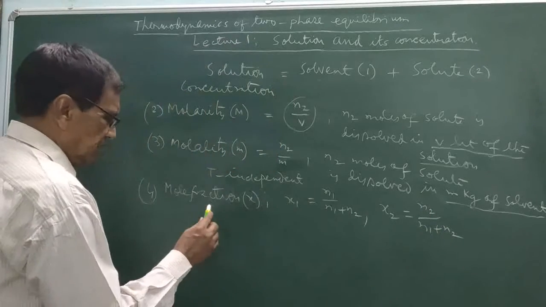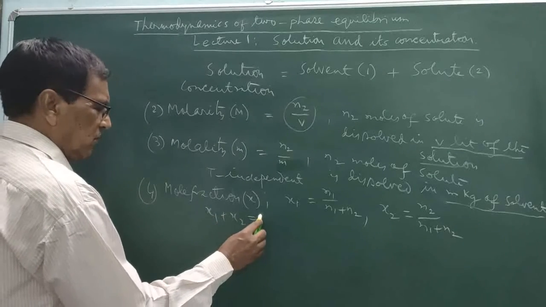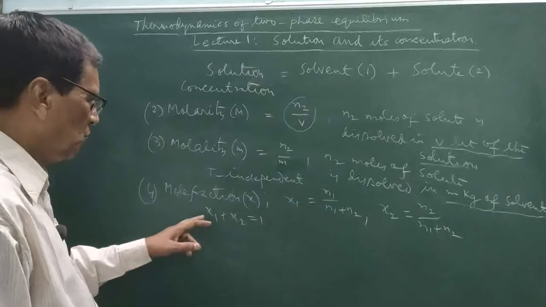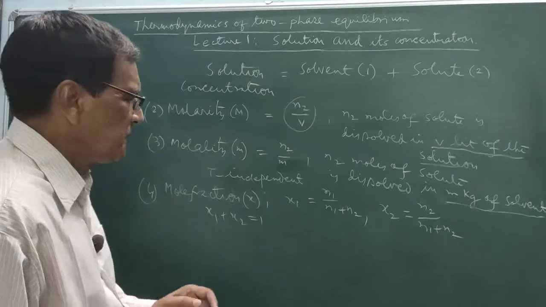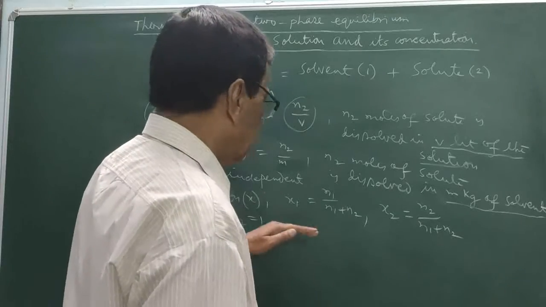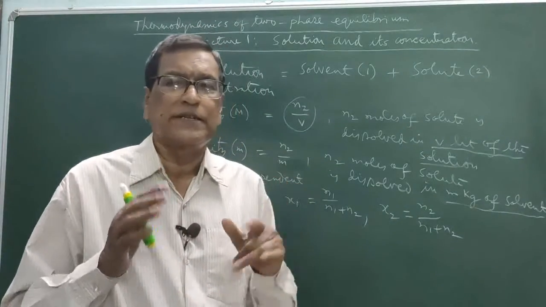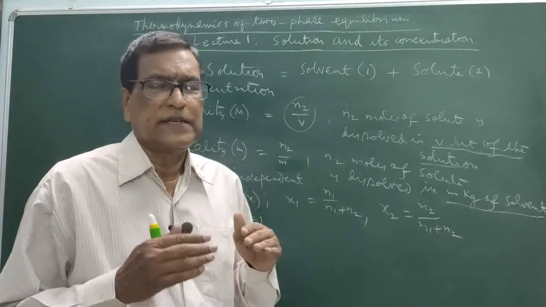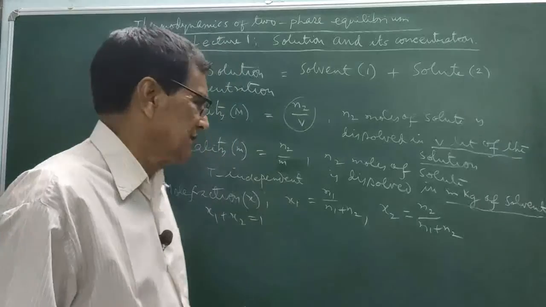Naturally, you can see x1 plus x2 is equal to 1. So if we know one, the other can be calculated from this relation. This mole fraction is a very useful concentration term, and it is required for theoretical investigation of solutions.